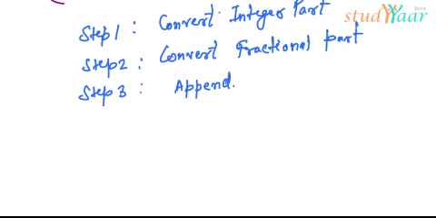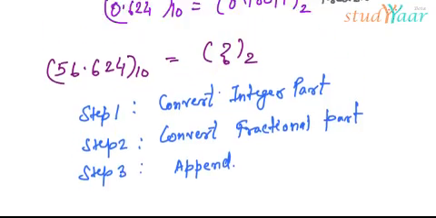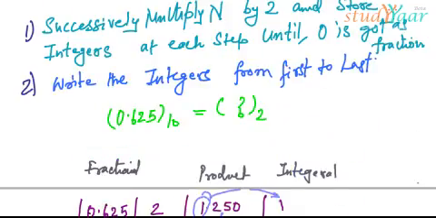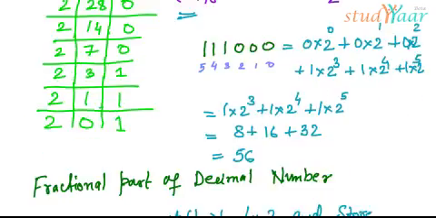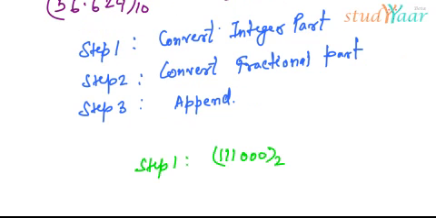So what is step 1? Convert the integral part. What is the integral part 56 in binary? It is 111000. So the first step gives 111000 in binary. Step 2, convert the fractional part.